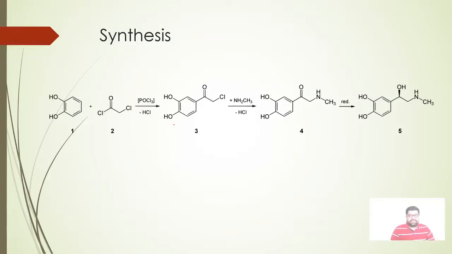Then simple nucleophilic substitution with methylamine will displace this chlorine and we get the NH methyl over here. Once we get compound number 4, chiral reduction of this keto will help us to get the final compound, called adrenaline, a very important hormone in our body which is responsible for our aggression, anxiety or fear.